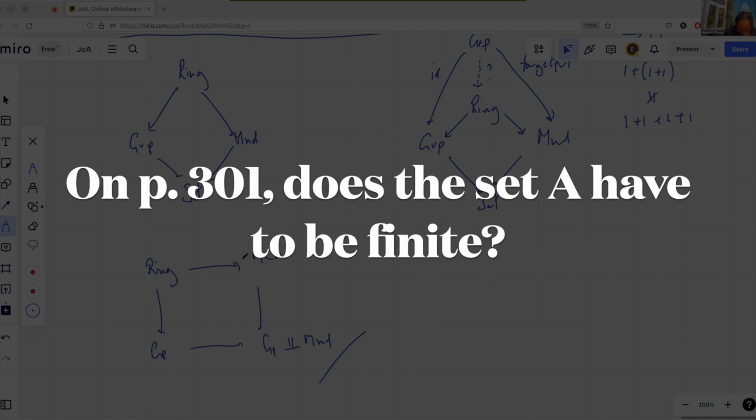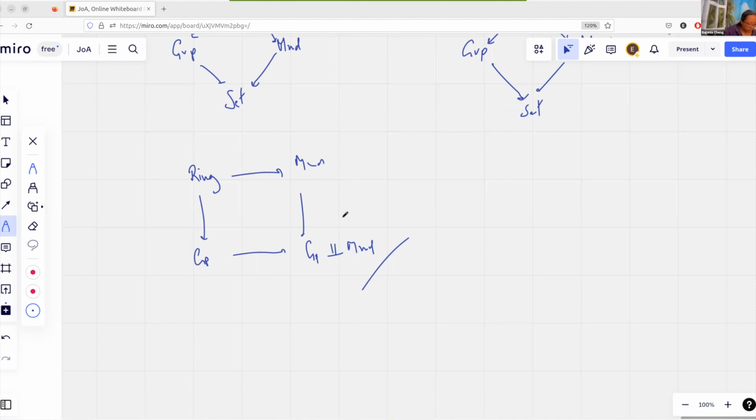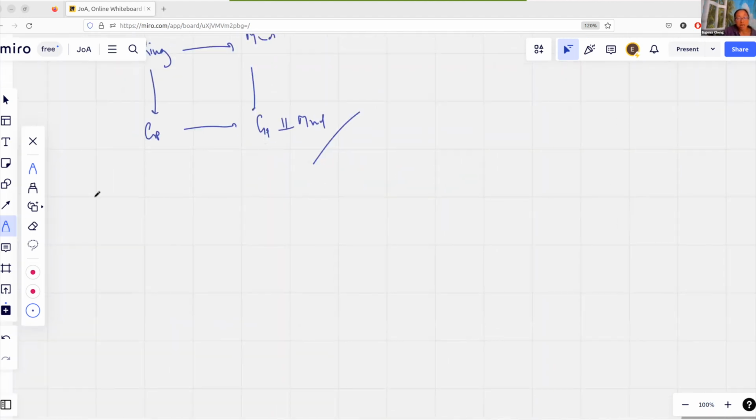Page 301, does the set A have to be finite? So on page 301, we're talking about the free monoid on a set A. So what it says is given sets A and B, there's nothing saying that they have to be finite, but the free monoid on it is the monoid of finite words. And the reason it's only finite words and not infinite words is that a monoid is defined by a binary operation.